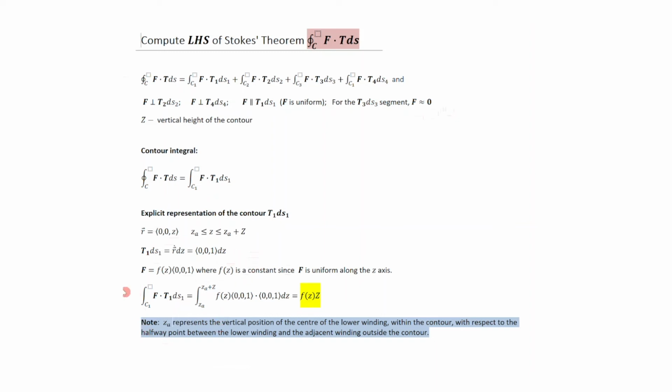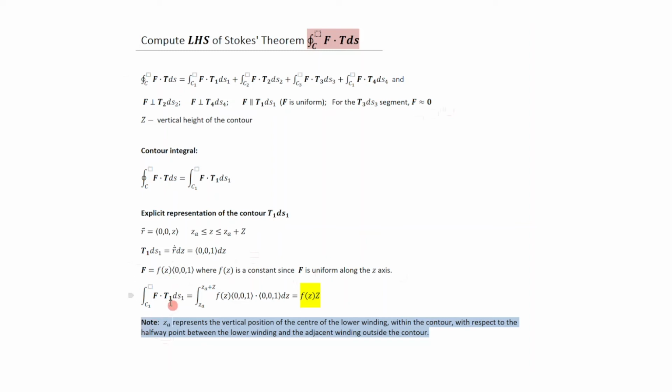Okay, so in this case, basically, we now have to compute what f would be. We don't know what its value is. We know it's a constant, and we know it's in the z hat direction. So we can write it in this fashion. So it's this value that we need to compute. Again, because it's uniform, we have left it this way, but it's going to be a constant value.